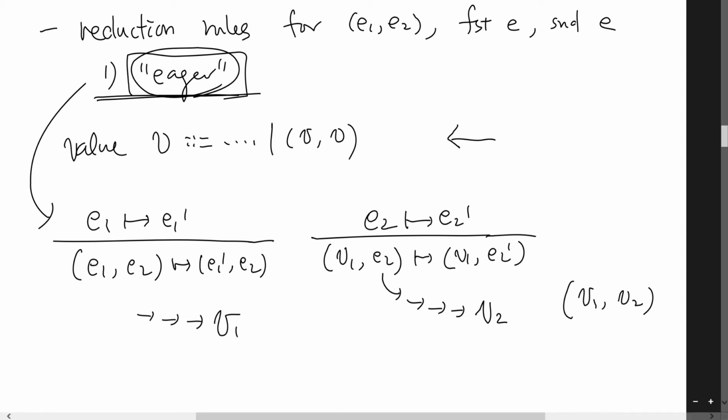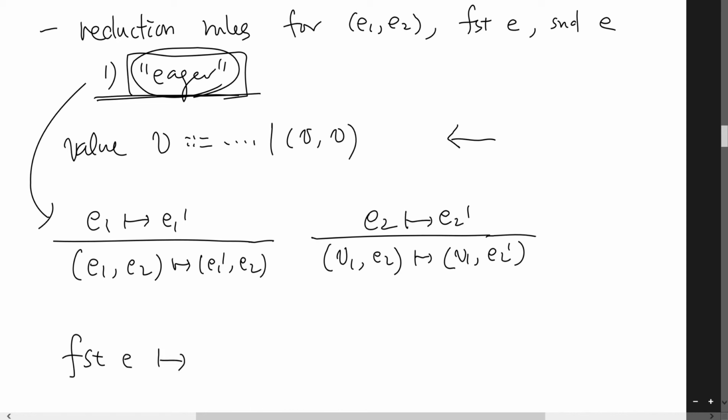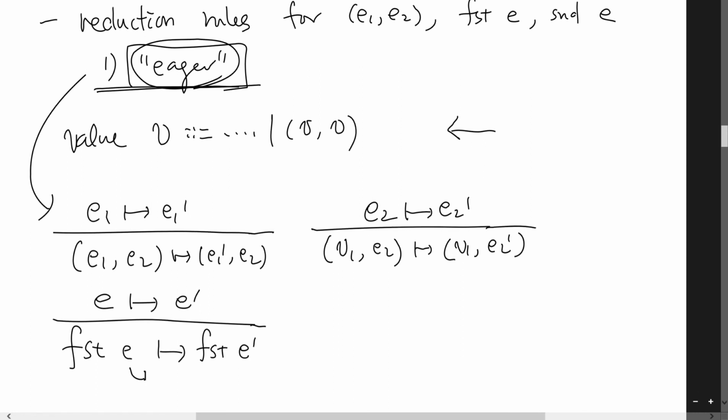Now, what about the projections? Suppose that we have first E. In general, this expression is not a value, so E could be reduced to another expression E prime. In that case, we reduce the whole projection into first E prime. And if everything goes okay, this expression E will eventually produce a value.